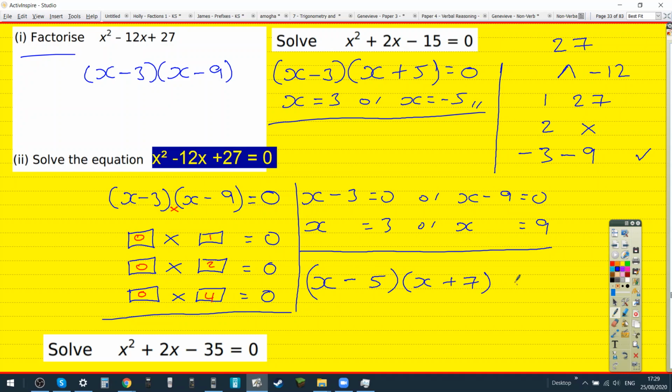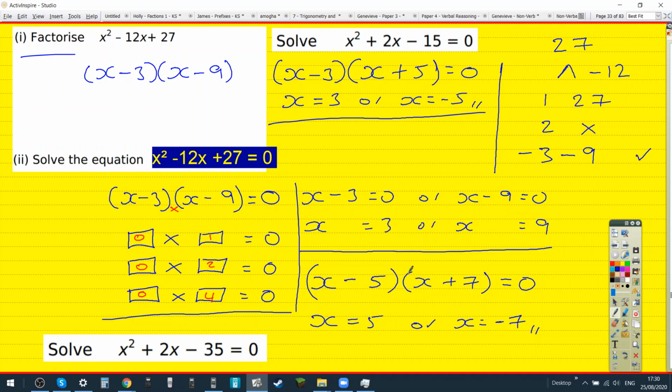And that equals 0. And then x will become 5 and x will become minus 7. That's it. X must be 5 or minus 7, because something makes 0.